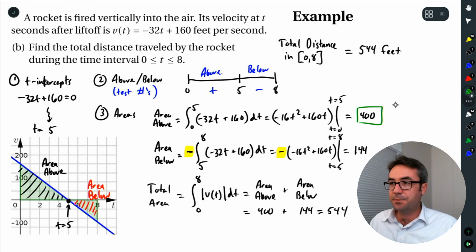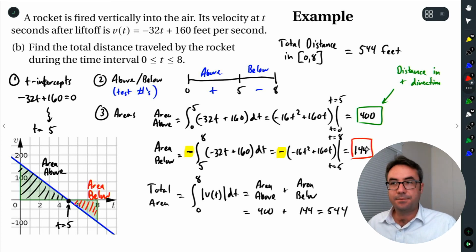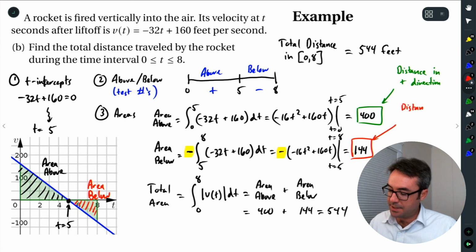But another way to interpret this is that it's the distance traveled in the positive direction, how much our rocket traveled up. And this 144 here, we can think of as the area for this shaded region that's below, but another way to think of that is the distance that our rocket traveled in the negative direction.